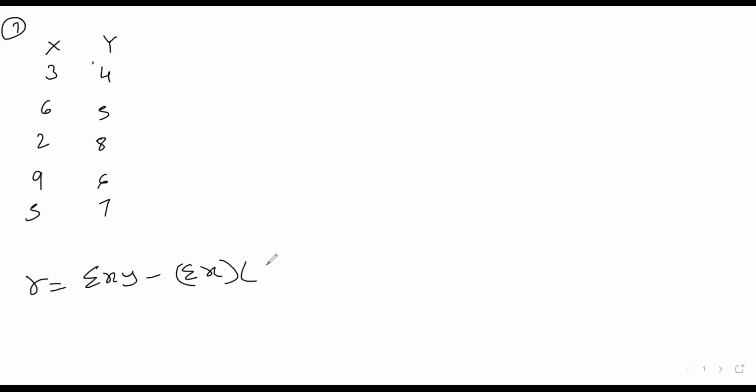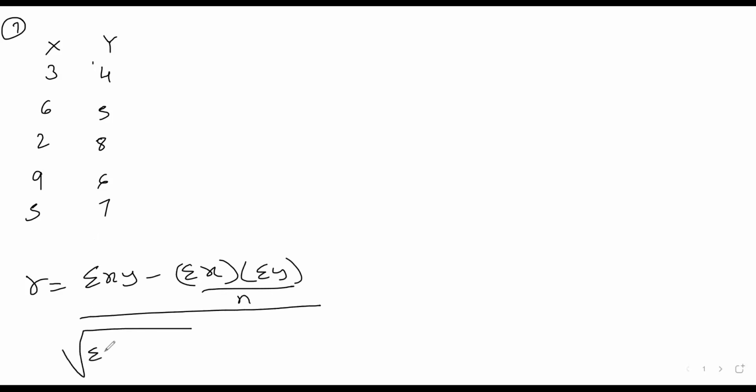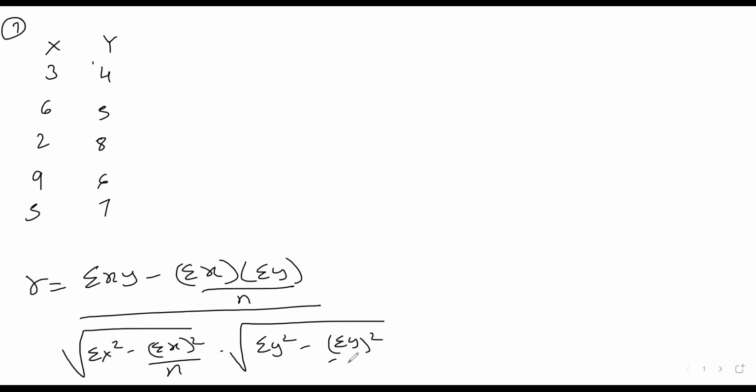We can use this formula: summation xy minus summation x into summation y upon n, whole thing upon under root summation x square minus summation x bracket square upon n, whole thing upon summation y square minus summation y bracket square upon n. So what we are supposed to do is find xy.